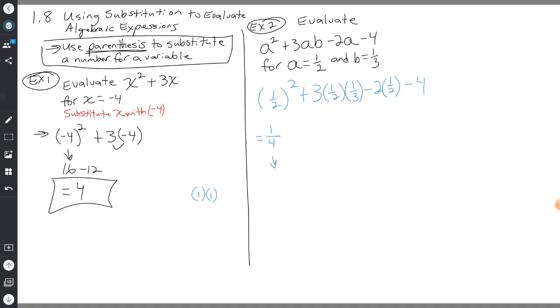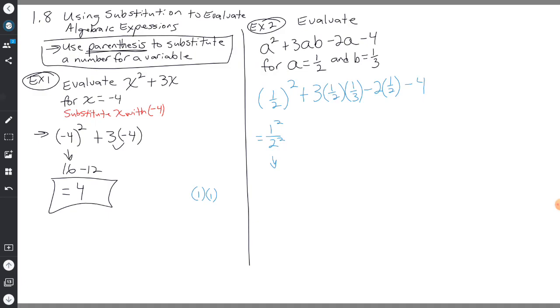Where at? The power here that we're on? Whenever we have a fraction that's being raised to a power, that power will go to both the numerator and the denominator. Keep in mind that the power means that we're taking the base and multiplying it by itself that many times.